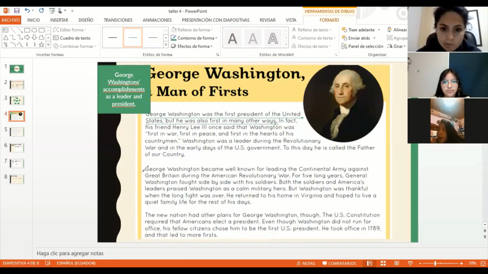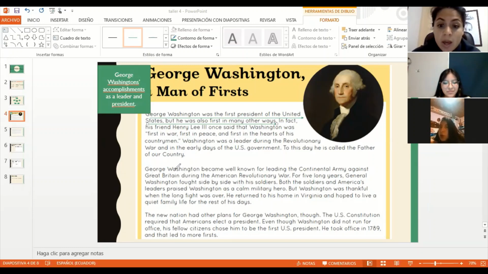Washington was thankful when the long fight was over. He returned to his home in Virginia and hoped to live a quiet life. Okay, so what was he doing there? George Washington was a soldier.